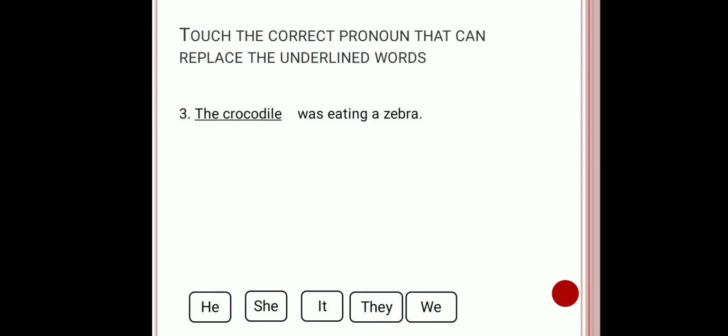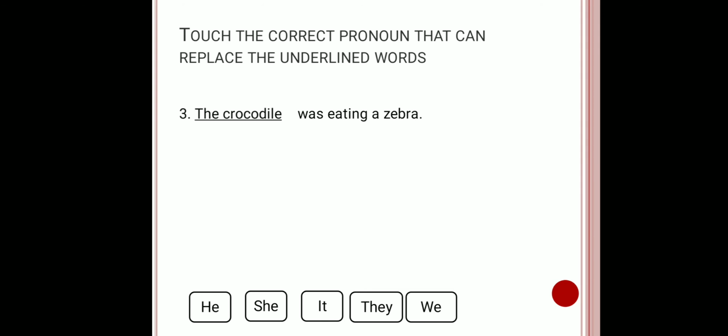Here I have the crocodile. The crocodile was eating a zebra. So, the crocodile is an animal and it's singular. So I have to use a third singular pronoun. So I cannot use they or we. So I have to choose between he, she, or it. As you know, I use the pronoun he to refer to a boy and she to refer to a girl.